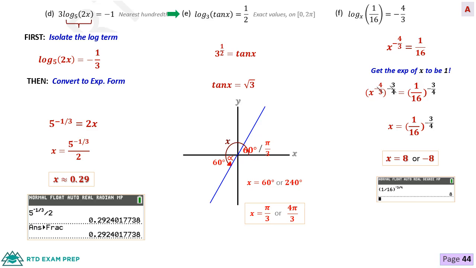However, because x in this example represents a base on a logarithm, we know that the base and the argument for a logarithm cannot be 0, nor can they be negative. So we will see negative 8 as a possible answer, but we will in fact reject it. The only answer to this question is x equals 8.